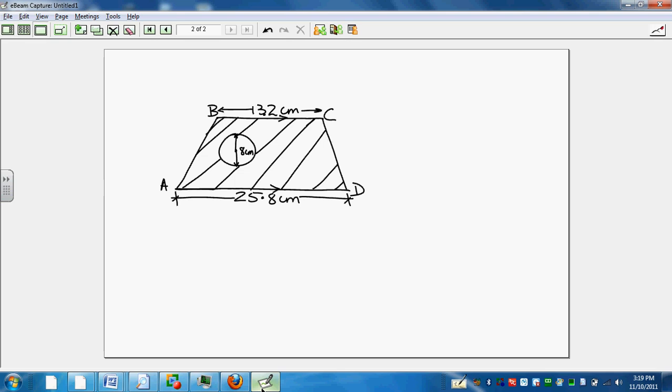And if we have a four-sided shape like this, which is known as a quadrilateral, where we have one pair of parallel sides, which means that no matter how far you extend those two sides, they will not intersect, then this shape is called a trapezium, right? This shape here is called a trapezium.